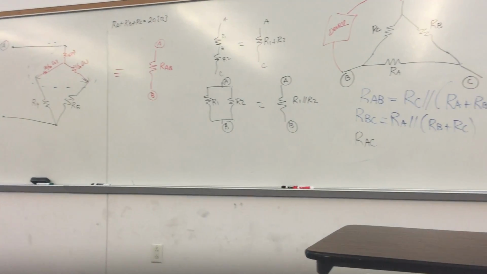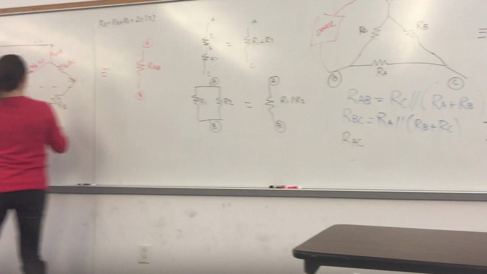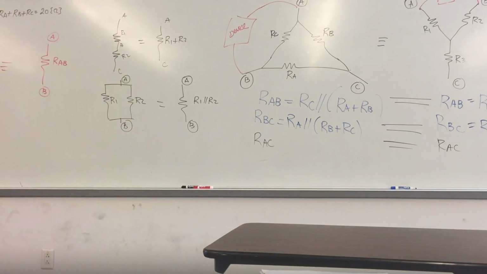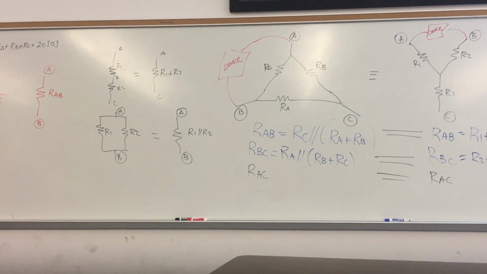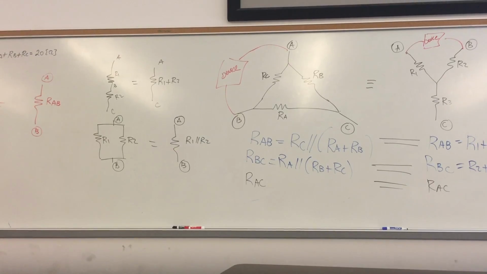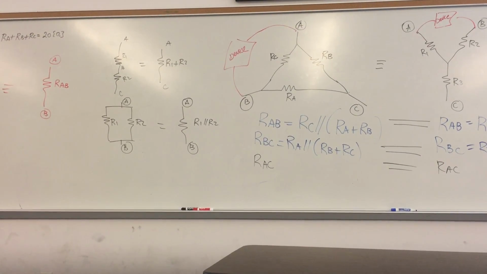Okay? And that's why when you are doing delta to Y, you have to be careful. You have to highlight the part that you are doing the transformation on. By the time you are done with the transformation, all the outside components that are left outside of the delta should be connected to the nodes that they were originally connected to.